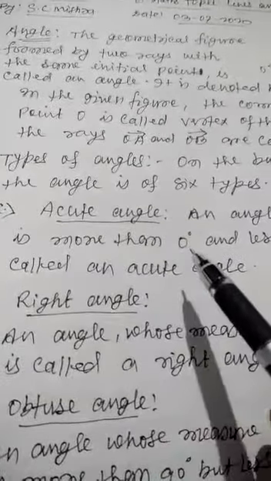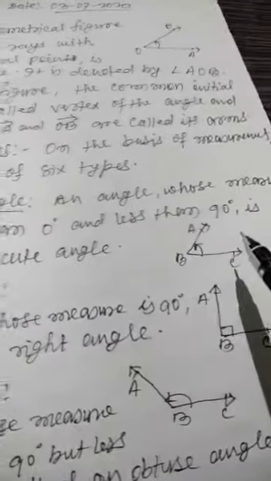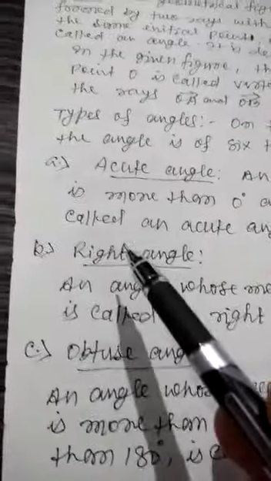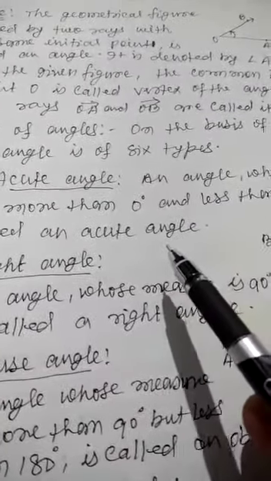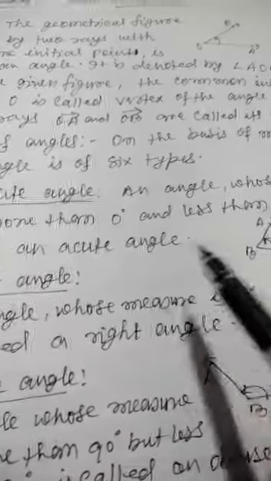An angle whose measure is more than 0 degree and less than 90 degree is called an acute angle.